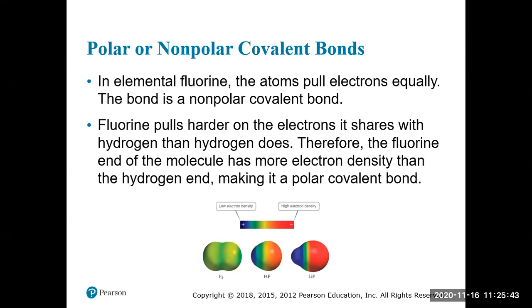And then finally, lithium fluoride, we see an even stronger pull of the electrons towards the fluorine atom. We see a lot of red on the right-hand side with the fluorine, and a lot of blue on the left-hand side with the lithium. That's telling us that in this covalent bond, while the electrons are being shared, they're more tilted towards the fluorine side.